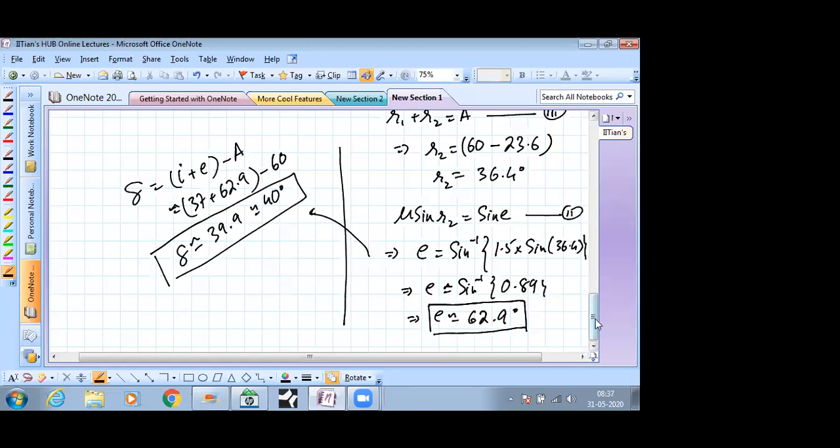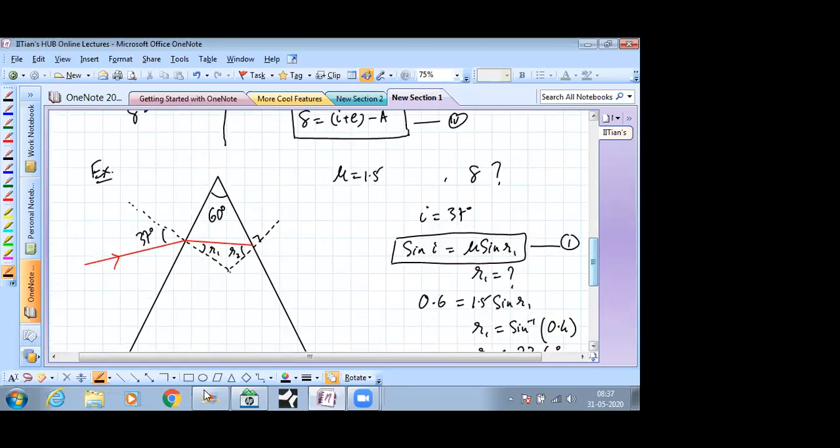We now also know that this ray will come out such that your angle of emergence is what we calculated there, and if we produce this ray forward and this ray backward, then this angle, the angle of deviation, is about 40 degrees.